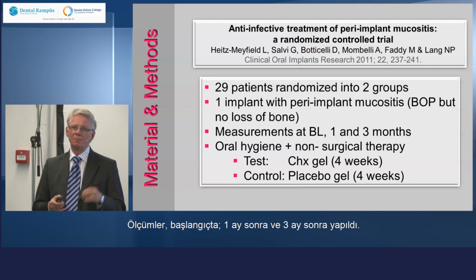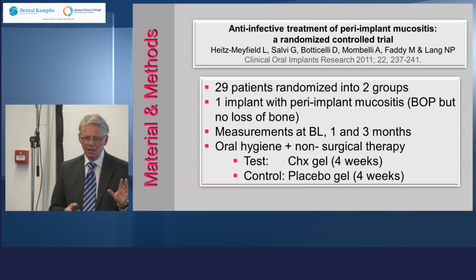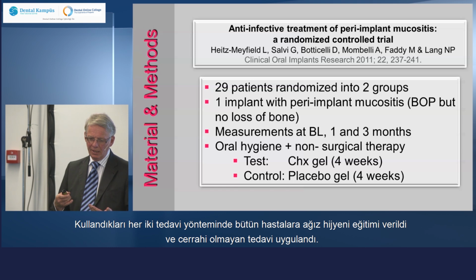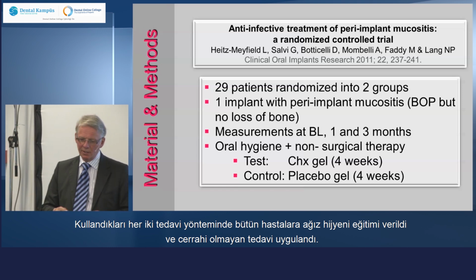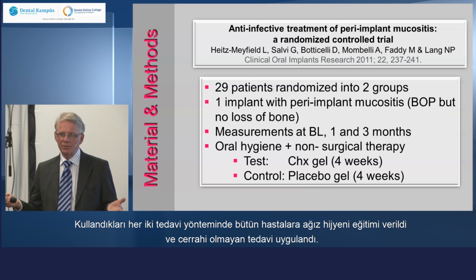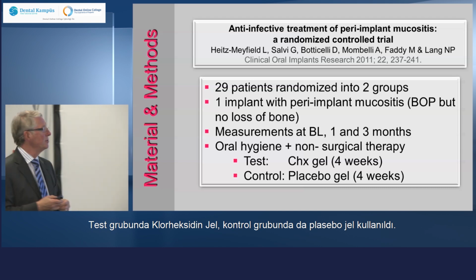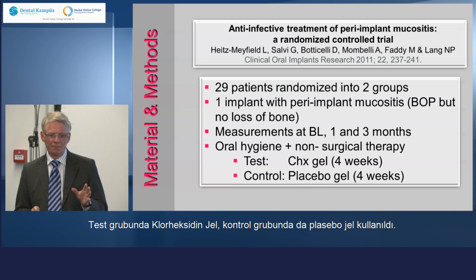Measurements were done at baseline, 1 and 3 months. All of them had oral hygiene instruction and non-surgical therapy. And then in the test group, you had a chlorhexidine gel, and in the control group, a placebo gel.